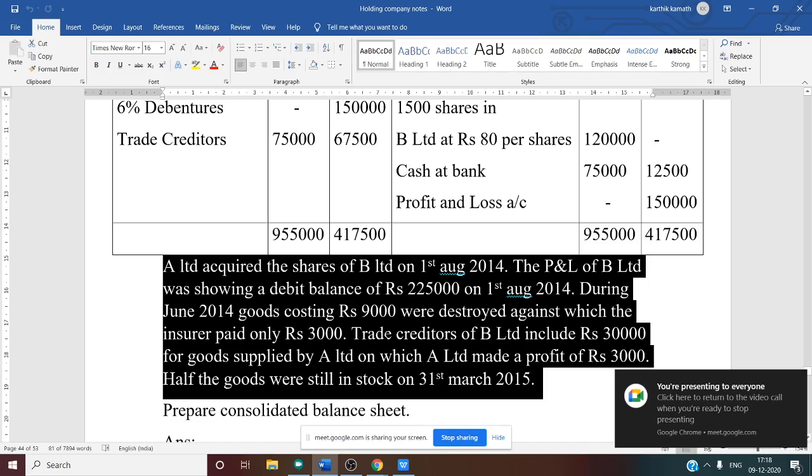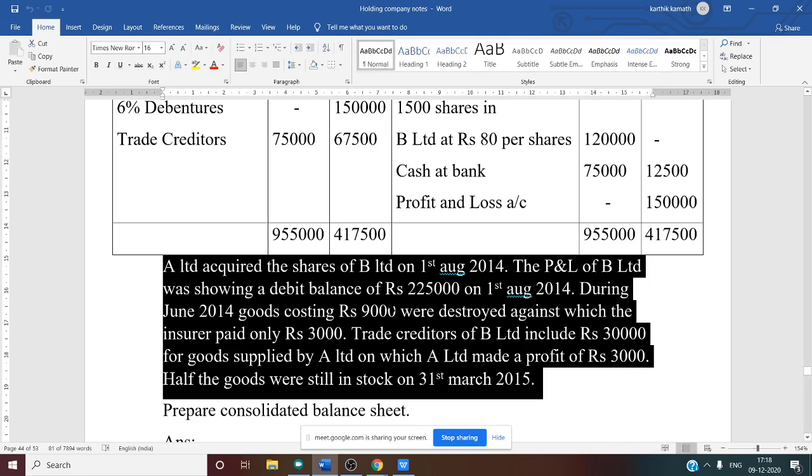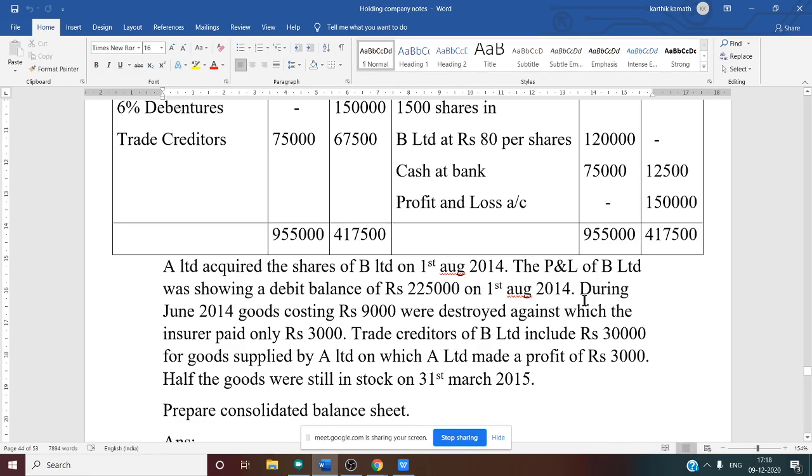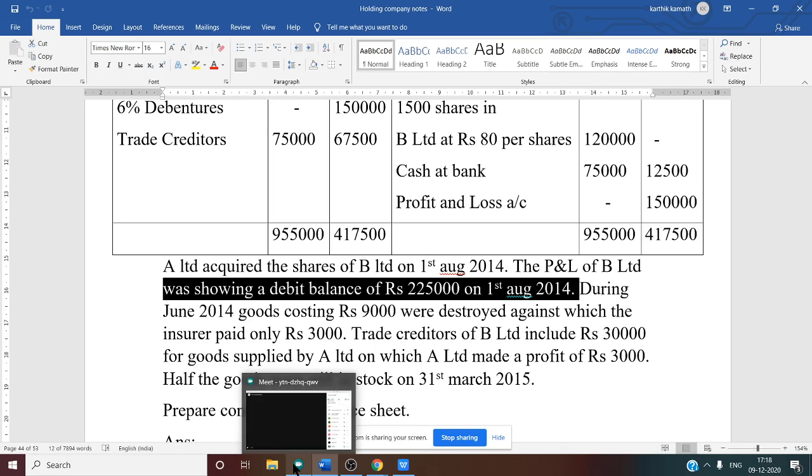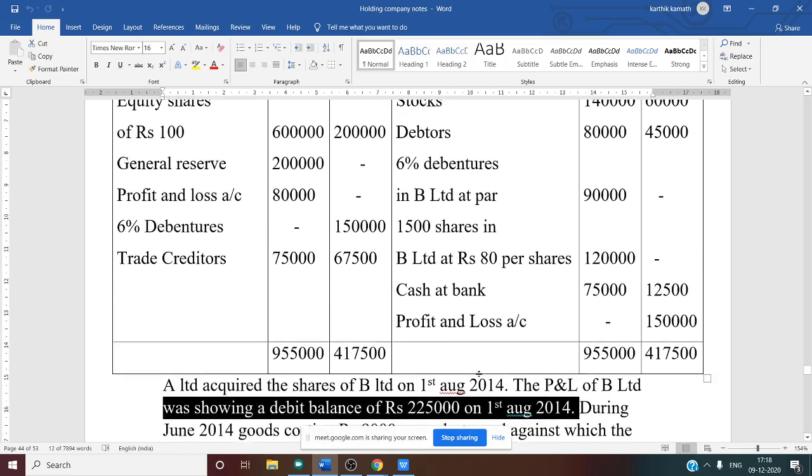After this, P&L of B Limited was showing a debit balance of rupees 2,25,000 on 1st August 2014. So here there is a debit balance at the beginning. There was a loss at the beginning of the year in the subsidiary company, and at the end of the year also there is a loss.